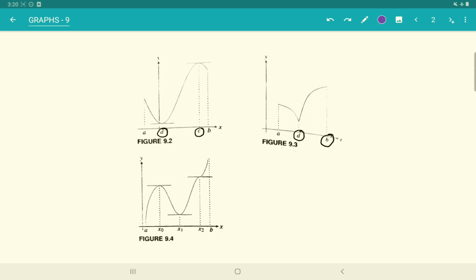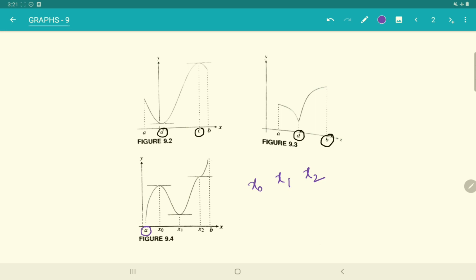If I look at figure 9.4, here in fact there are three stationary points, x0, x1 and x2, because we see this, this and this. What we see here is that at the endpoint A there is a minimum.